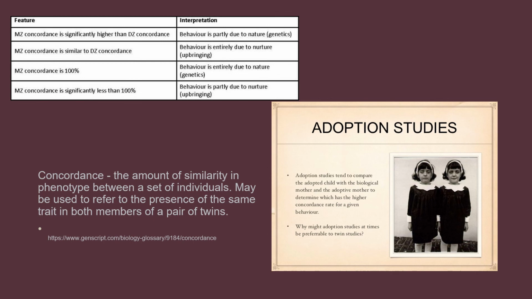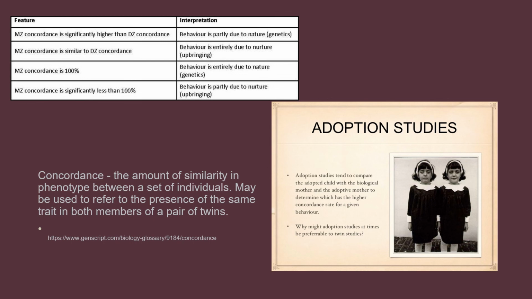If the MZ concordance is 100%, behavior is entirely due to nature or genetics. And if the MZ concordance is significantly less than 100%, behavior is partly due to nurture or upbringing. Kasi you cannot claim na it's 100% due to genetics. Dapat 100% siya if it's due to genetics na.